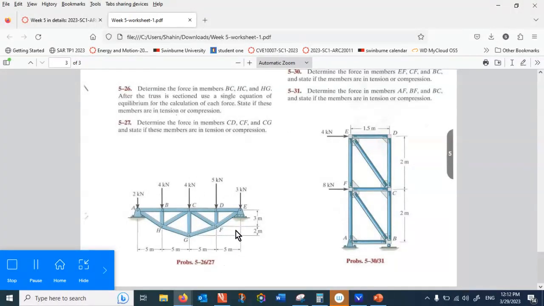So this structure doesn't seem to have any zero force member, right? C, B, D, they are not zero force members because they have external forces on them. But to make a section through BC, HC, and HG, you need to solve the left-hand side free body diagram. For that, we need to solve the reaction at A. And that is not difficult.